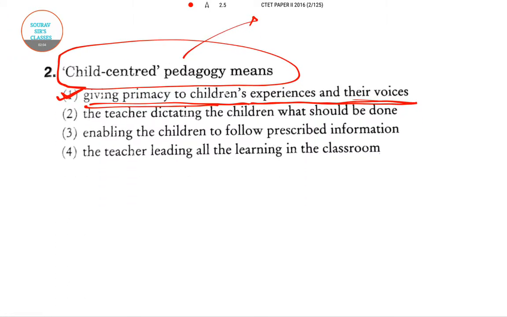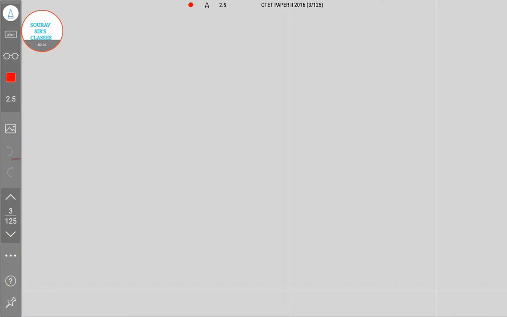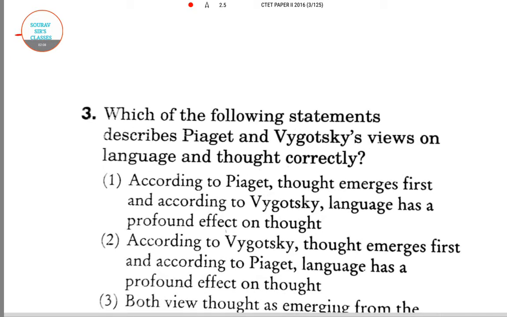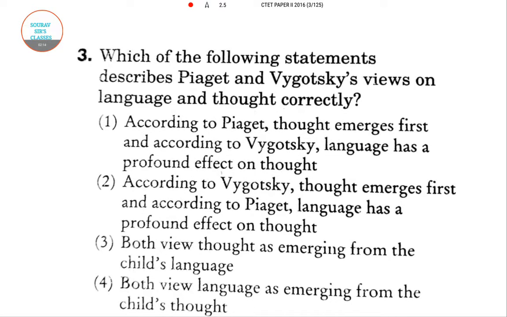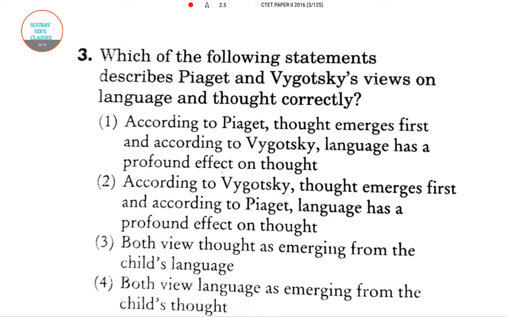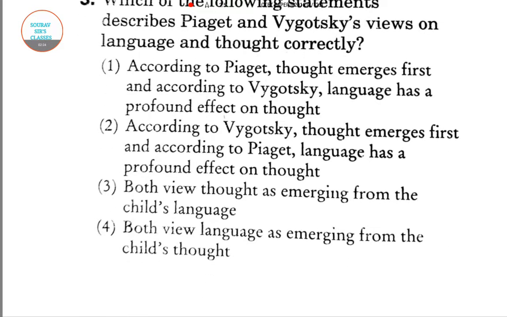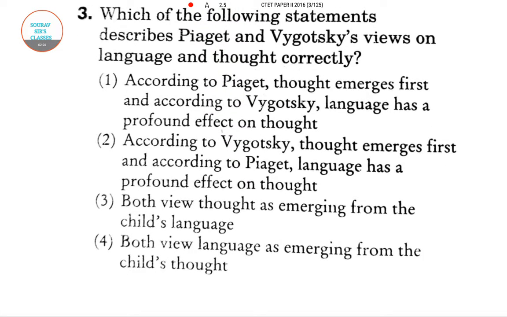Now let's move on to our next question. Here is the next question, and it's a very important question. The question is, which of the following statements describes Piaget and Vygotsky's view on language and thought correctly? Again 4 options are given.